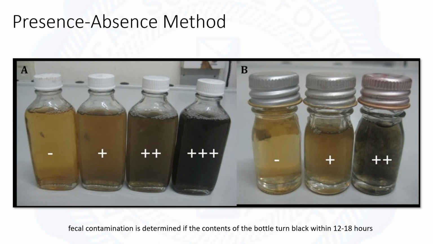And the H2S, class, will combine with iron, which is present in the aliquot. Usually the iron is in the form of your ferric ammonium citrate. So when it combines with the ferric ammonium citrate, it will form a black precipitate. And that is the reason why there is a color change when there's a positive indicator organism present.